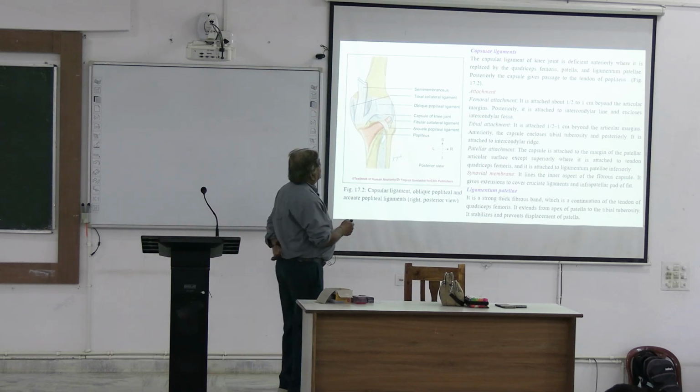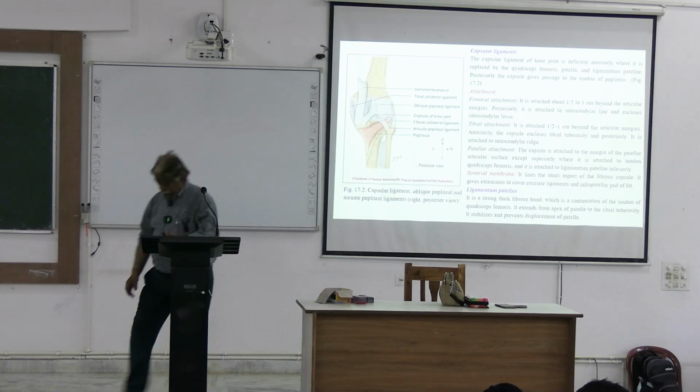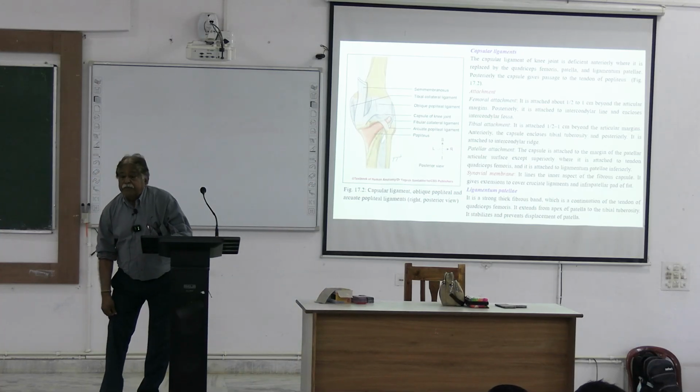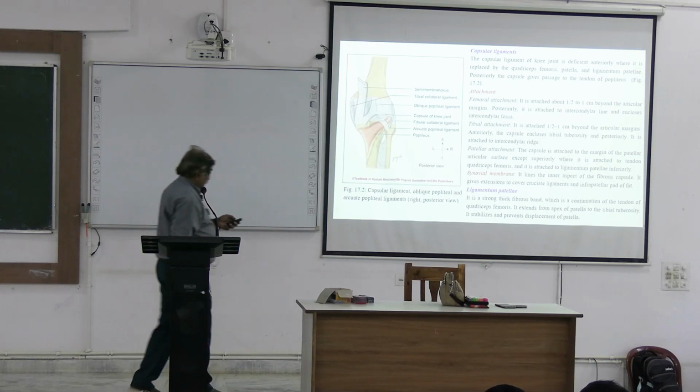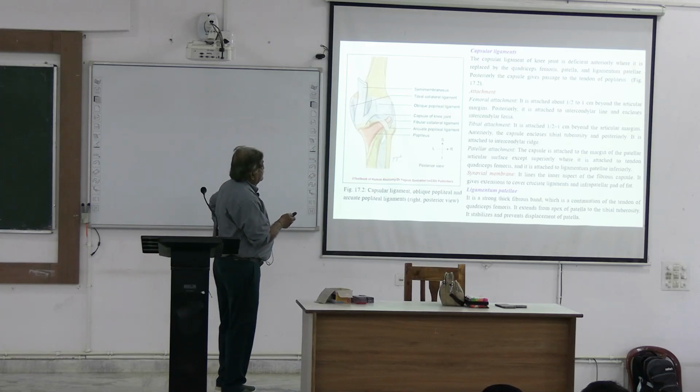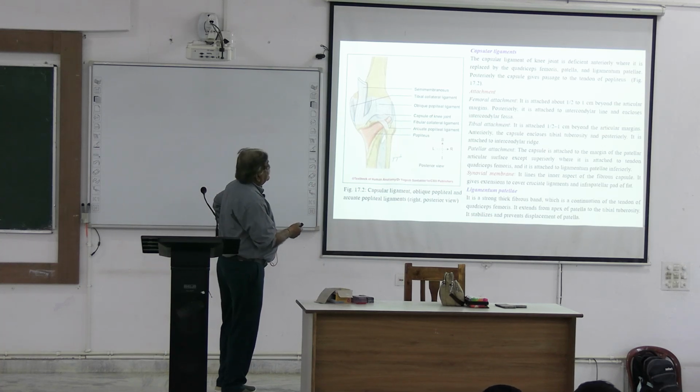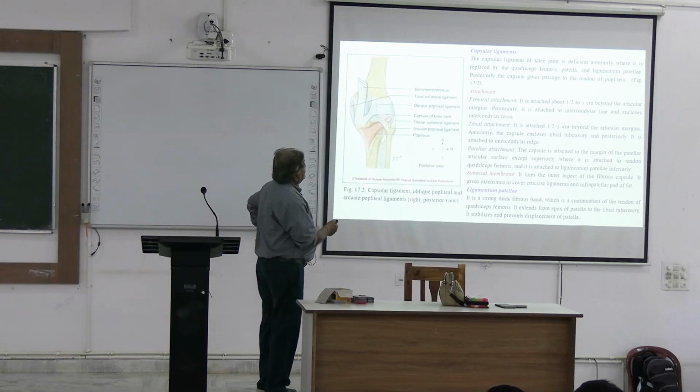Right, posterior view. The capsular ligament of the knee joint is deficient anteriorly, where it is replaced by quadriceps femoris, patella and ligamentum patellae. You lift up and see your own knee, the position of the patella. That is why it is deficient there.